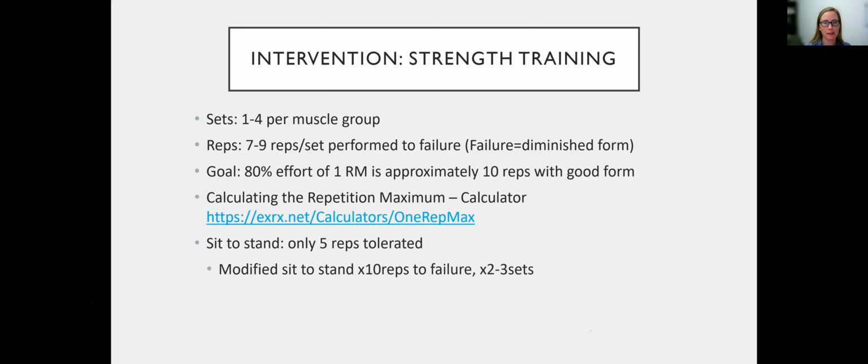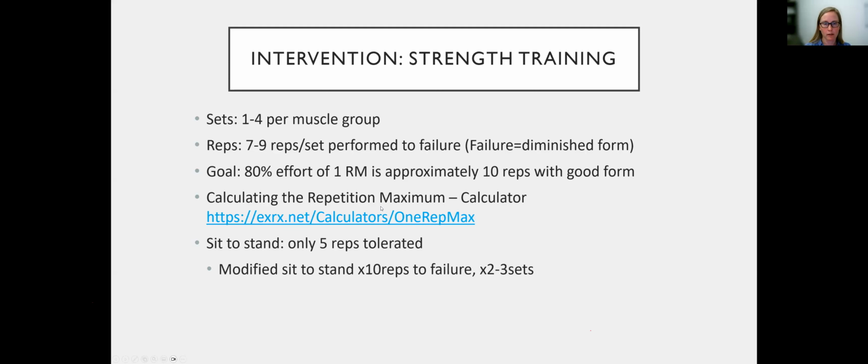But the ultimate goal is that 80% effort of a 1 repetition max, which we have to be sure that they're getting that level of intensity. So if they're able to do more than 10 repetitions and they're not tired with it, it's probably not the resistance that they need. So trying to bump that up just a little bit more.